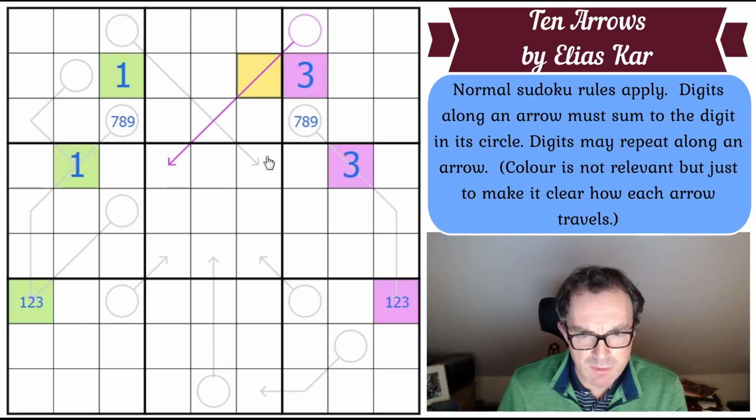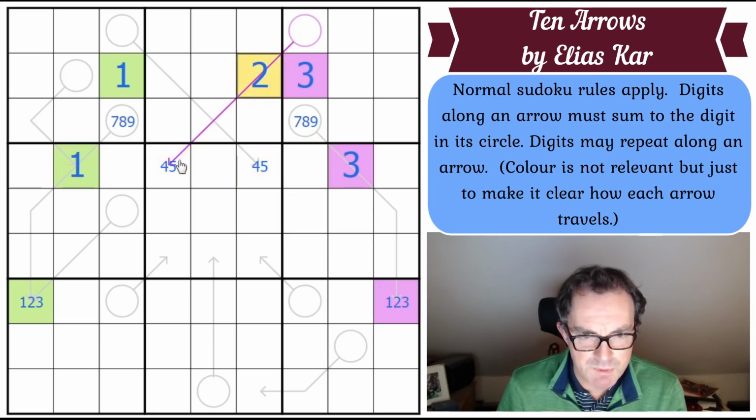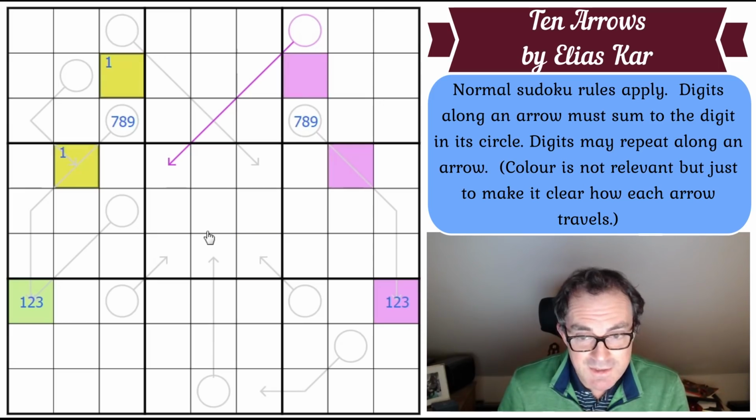If we go for a low digit here, but decide these two are not going to be low digits, if we go for 4 and 5 here, we don't want to put a 2 into these two squares. This still has to be high, and this still has to be 4, because otherwise this is just too high. So it's absolutely right, and it's absolutely beautiful. Oh, oopsie, I don't know what I've done there.